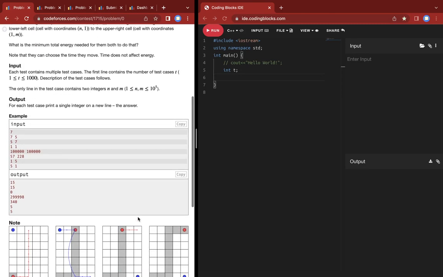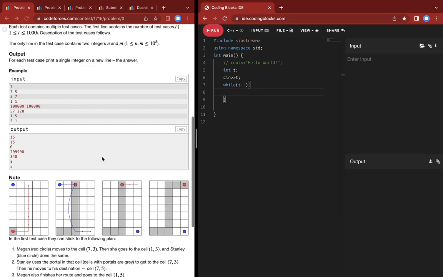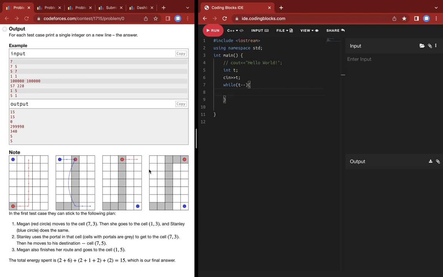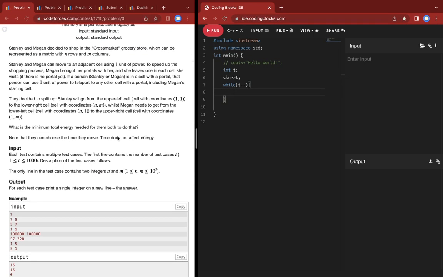So they have given an example, which pretty much shows the way it should be done for all cases, I guess, because every time we are given a grid of n cross m, right?